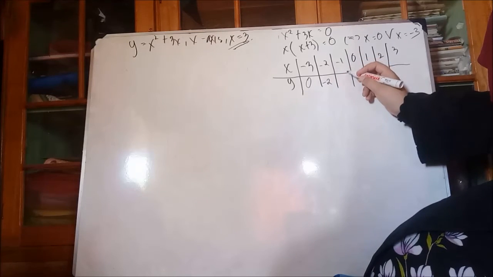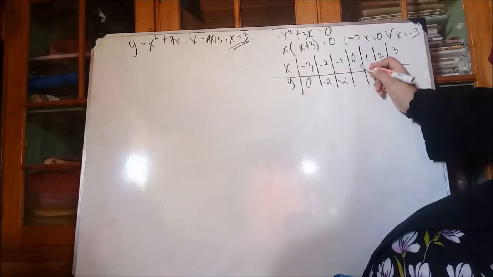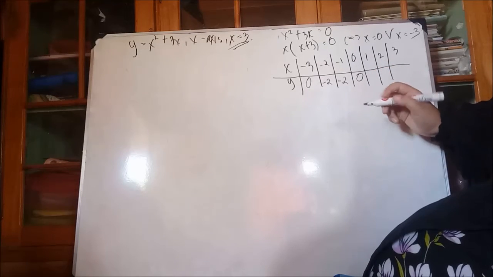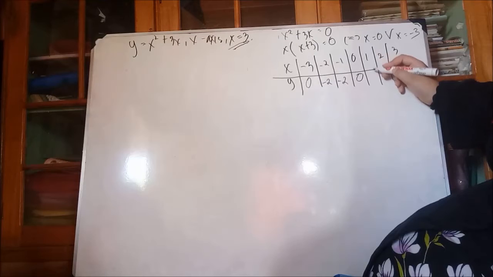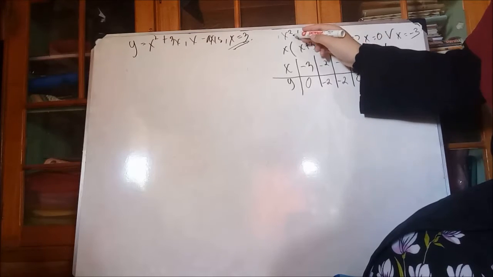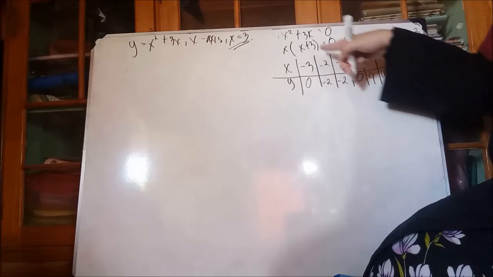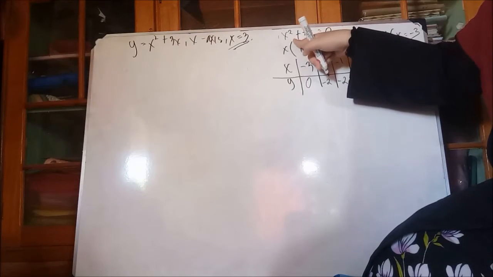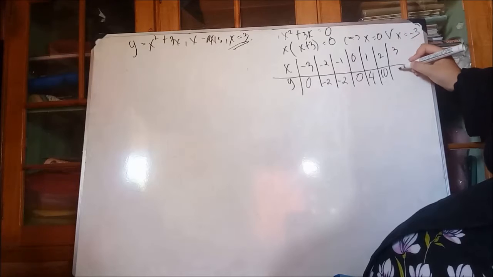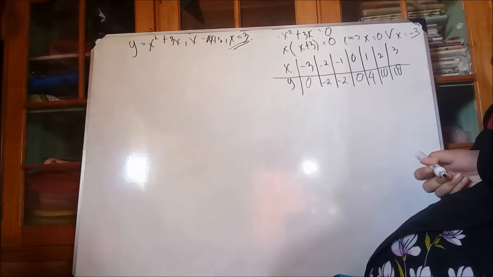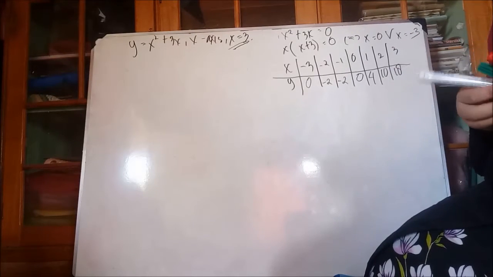If we have negative 1, this is negative 2, and 0 gives 0. And if we have 1, this is equal to 4, 2 is equal to 10, and 3 is 9 plus 9, so we have 18. And then let's see the graph.